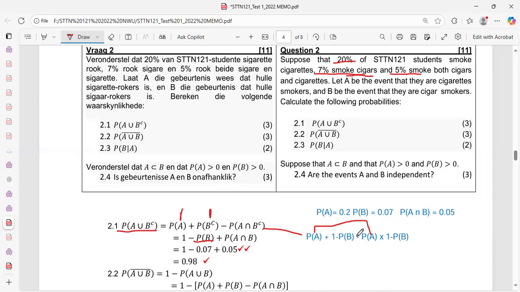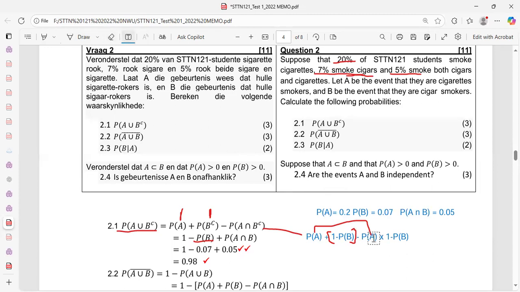You understand that? So now it's going to be probability of A plus, here, I'm going to put something like this so that you can all see this block and also this one here. 1 minus the probability of B minus, because according to the formula, 1 minus the probability of B minus A and B. So I can just put it like this and cancel this part so that you guys can see.